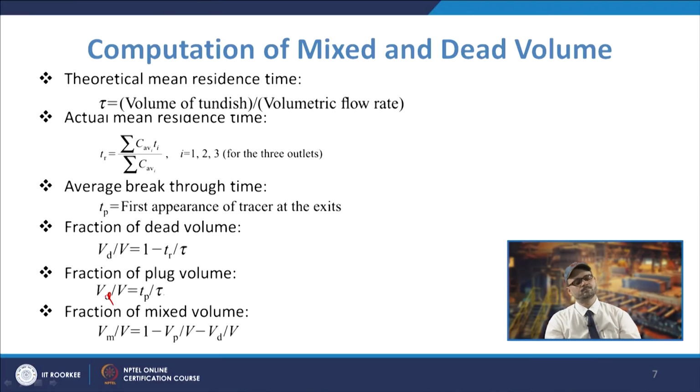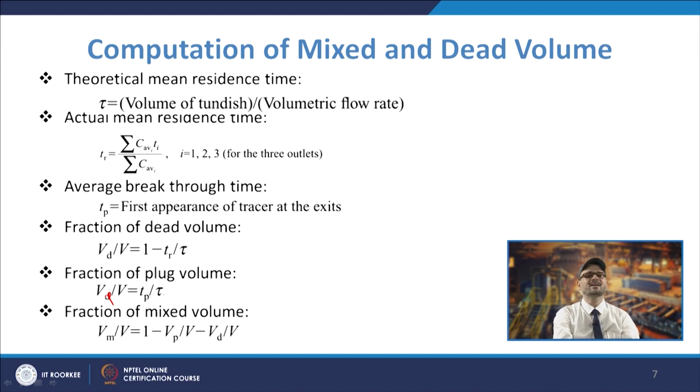So, once you get the dead volume and the plug volume, you take the sum of these values, and then you take 1 minus that value, and that will give the fraction of the mixed volume.